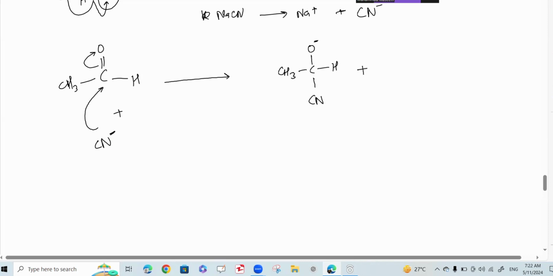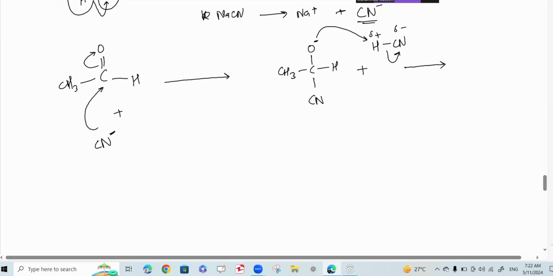Now next is the addition of HCN, the main product we had to add. This CN actually is coming from the catalyst, it acts as a catalyst, it initiates the reaction. So this is partial plus charge, partial negative charge, so this negative will attack on this, and the oxygen being more electronegative, this bond will be shifted onto it.